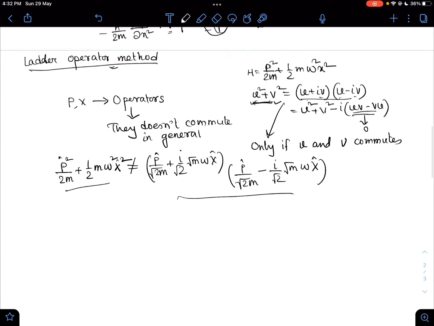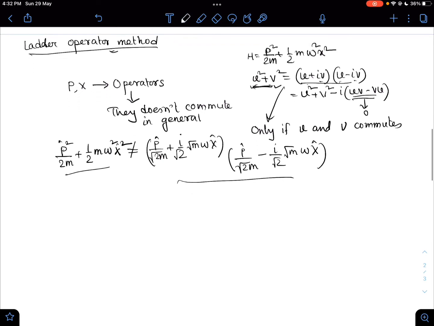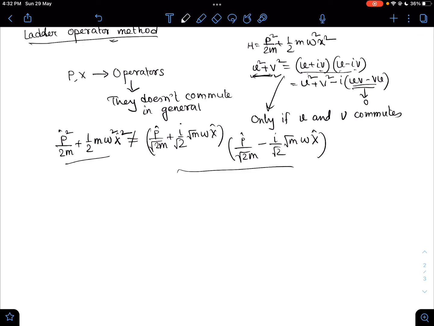But with this motivation, we are defining two operators: one is a raising operator and one is a lowering operator. Why they are raising and lowering will be clear in a few minutes. Suppose this is our lowering operator, and we are defining it as a equals 1 by root of 2 h bar m omega, times m omega x plus ip.